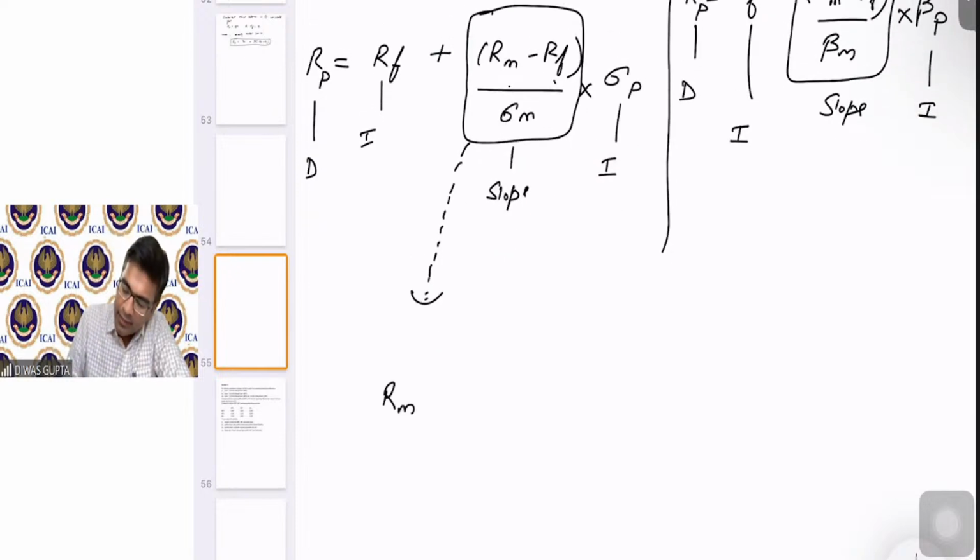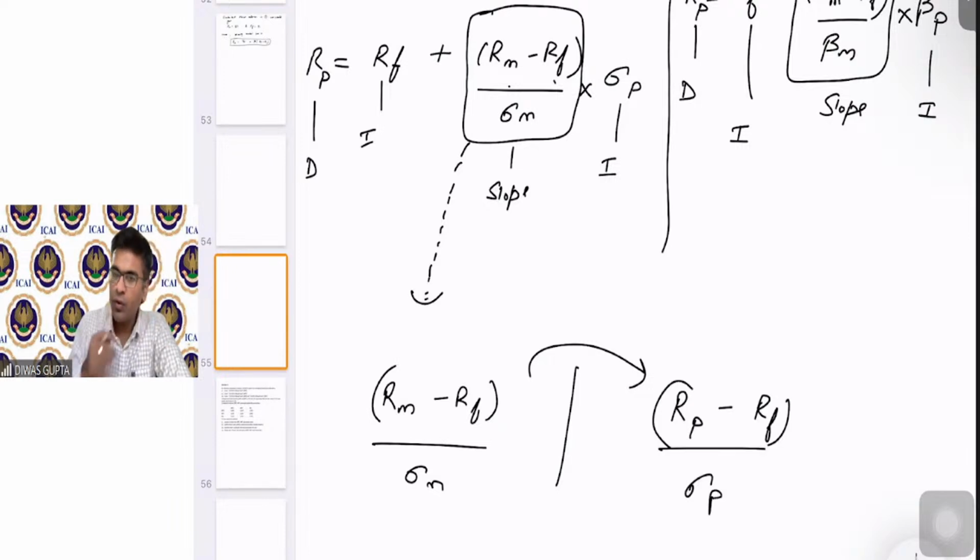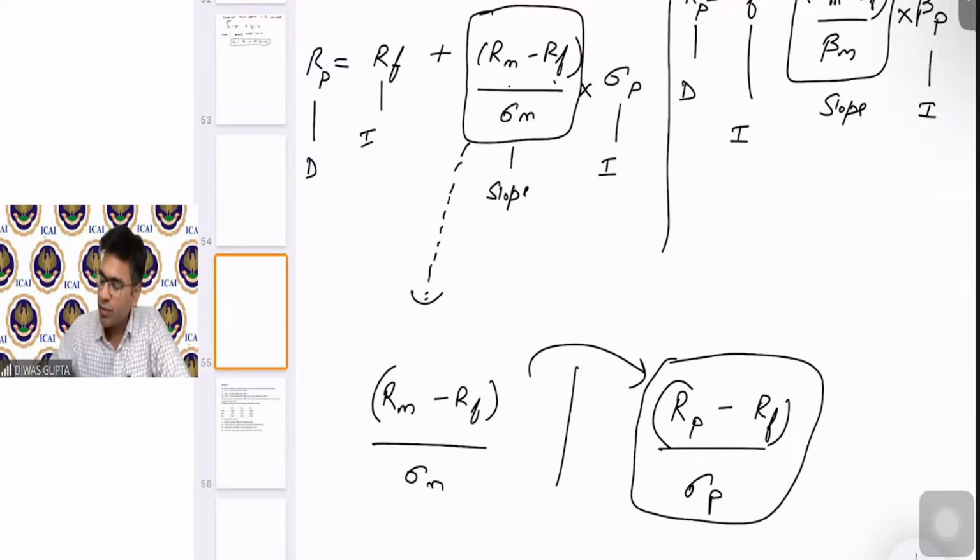RM minus RF divided by standard deviation of market. For a moment, return of portfolio minus risk-free rate of return divided by standard deviation of portfolio. What is this? Just now we have studied, students. This is Sharpe's ratio. Correct? This is Sharpe's ratio.